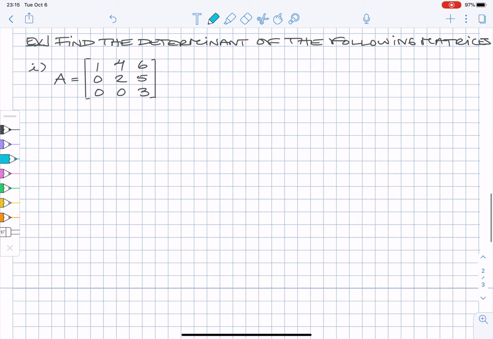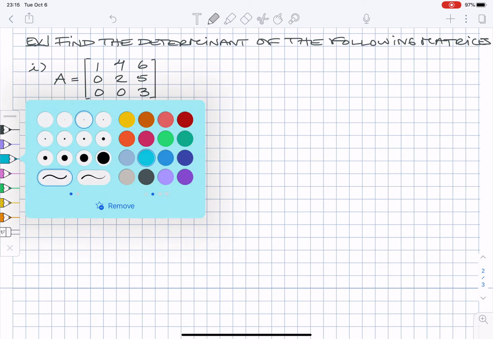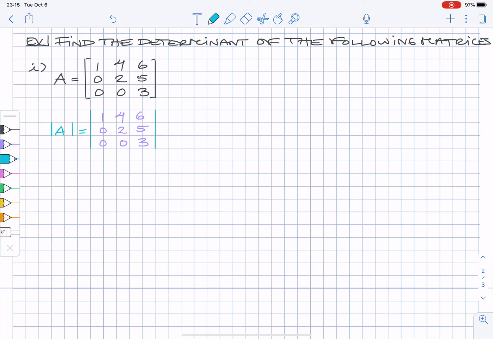Okay, so I claim that the determinant of A is going to be the determinant of the matrix that takes the full matrix 1, 0, 0, 4, 2, 0, 6, 5, 3, and augments that with the first 2 columns, namely 1, 0, 0, and 4, 2, 0.